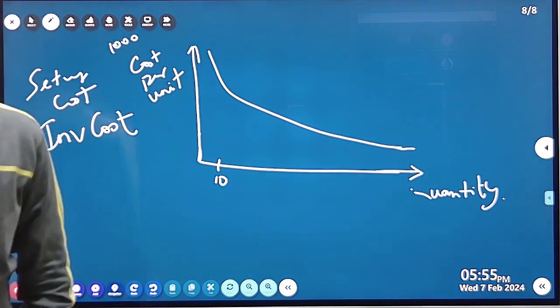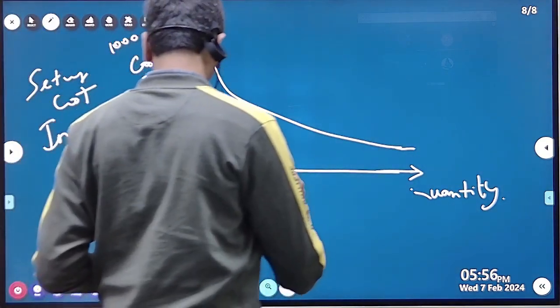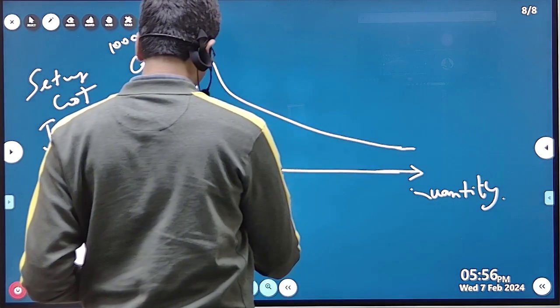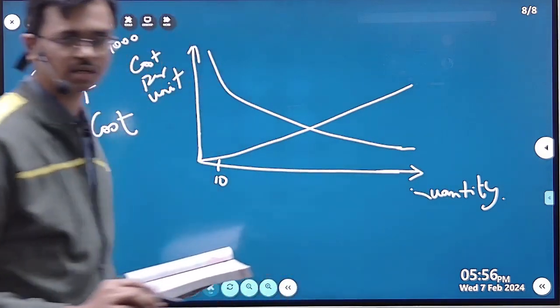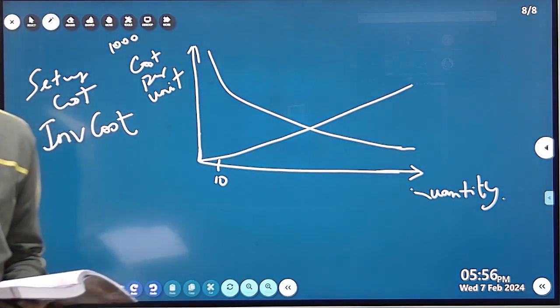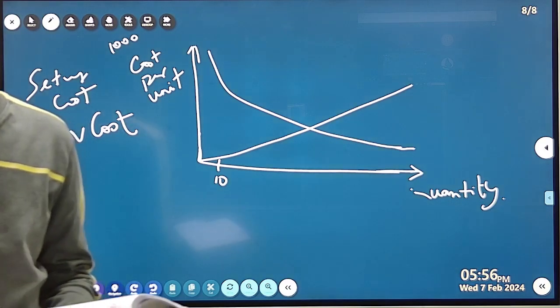Now we will talk about the inventory cost. The inventory cost increases with the quantity. The more you store, the more is your inventory cost, because it is directly proportional to the quantity.